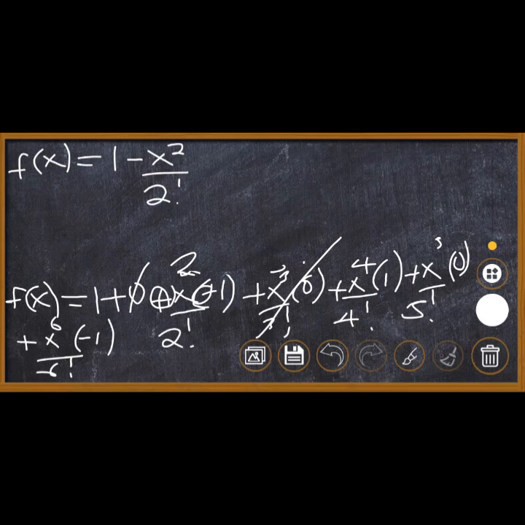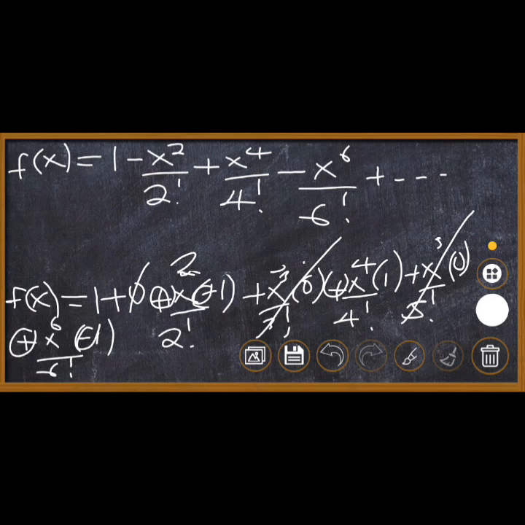Then 1 multiplied by x power 4 over 4 factorial is just x power 4 over 4 factorial. Also, when we multiply 0 with x power 5 over fifth factorial, it's just 0, so we ignore that. Then we come to where we have positive and negative, here we are going to have negative. Then 1 multiplied by x power 6, we are going to have x power 6 over the 6th factorial. So we just keep on going just like that.